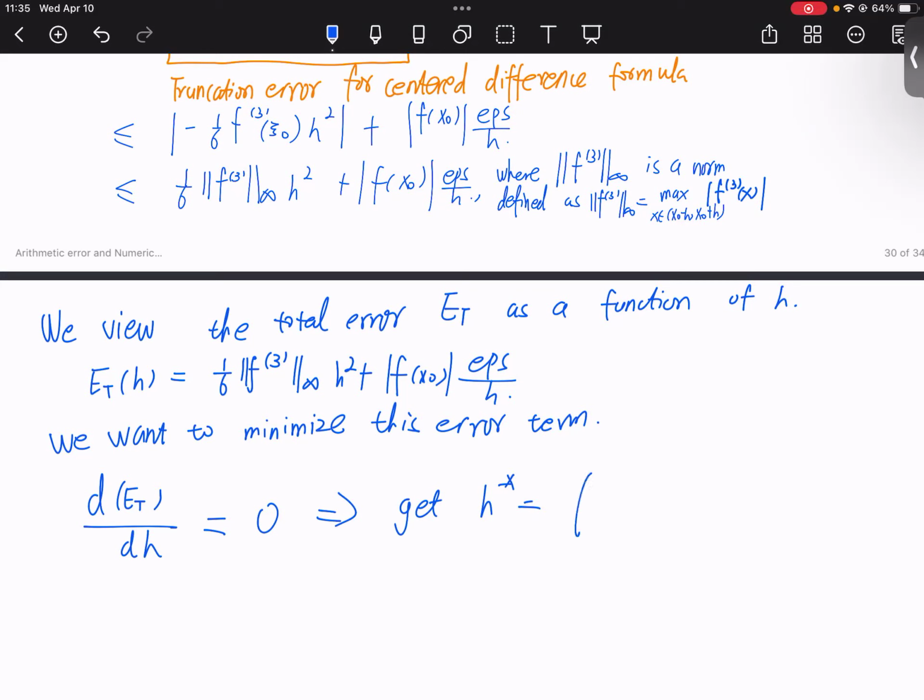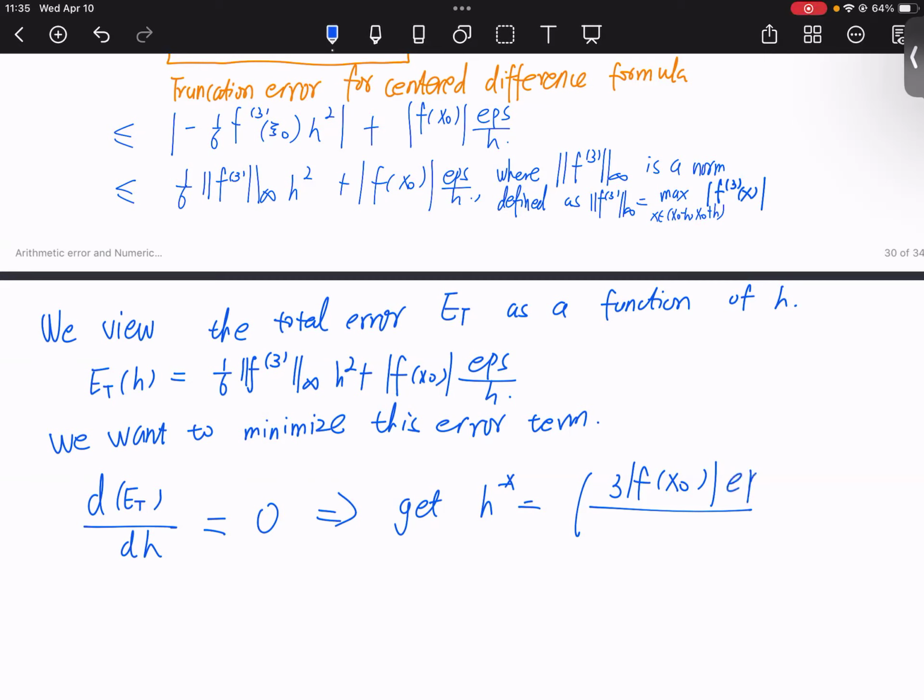I just get the critical value, but you can double check the second derivative, because a critical point could be a maximum, it could be a minimum. When it is a minimum point, the second derivative should be positive, right? Let me see, the second derivative, this is negative and this is positive. Yeah, the second derivative should be positive, and you can double check the value there.